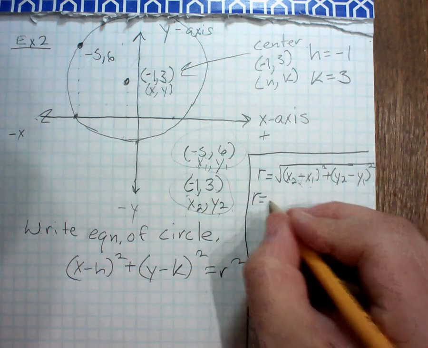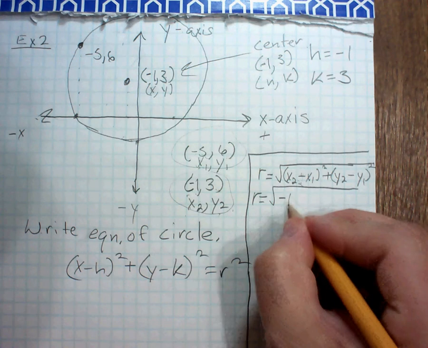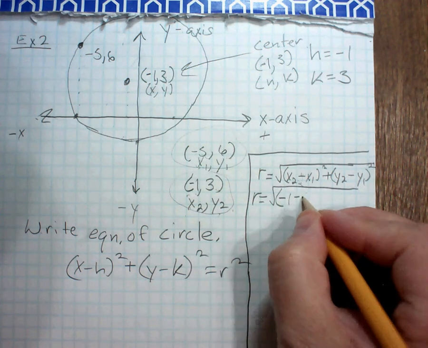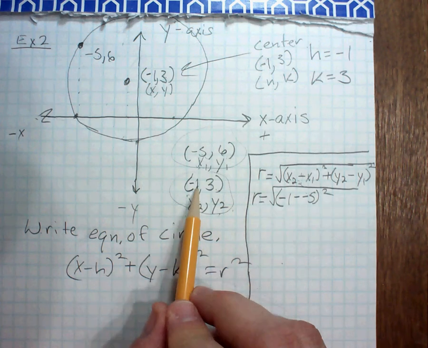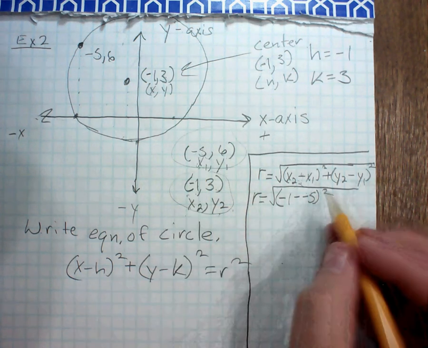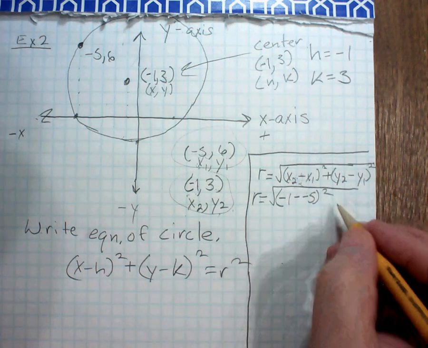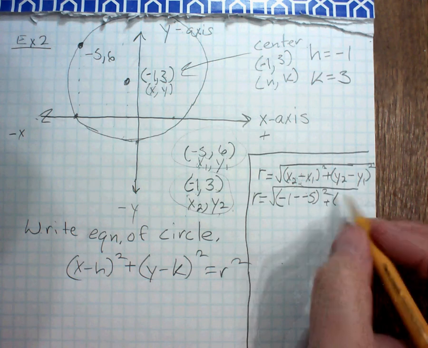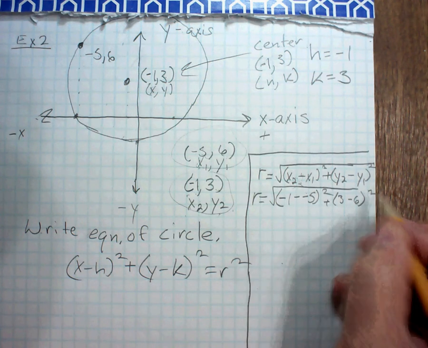So I get r is equal to x2, which is negative 1, minus 5, because that's x sub 1. And then I'm going to say plus, and then y sub 2, which is 3, minus 6 squared.